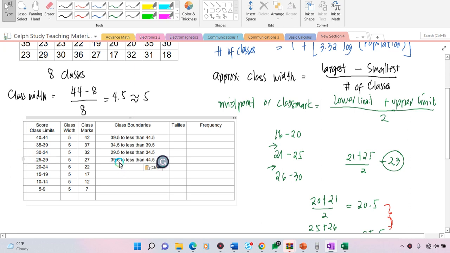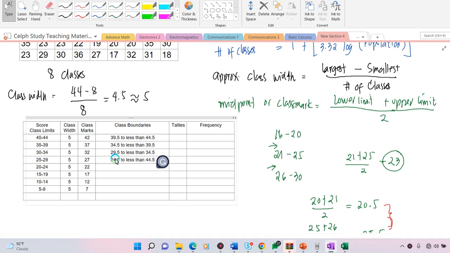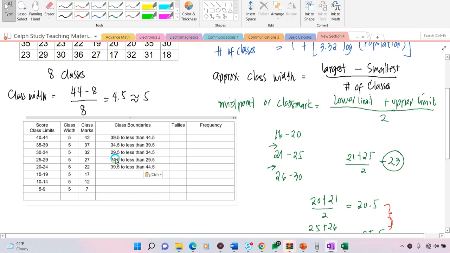Next, here we will have your 24.5 and we will have your 29.5. So this is 19.5 to less than 24.5.